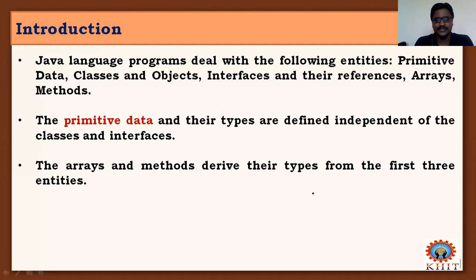And the arrays and methods derive their types from the first three entities, that is, from arrays declared based on built-in data types. And for methods we also specify the type related to primitive type data representation.